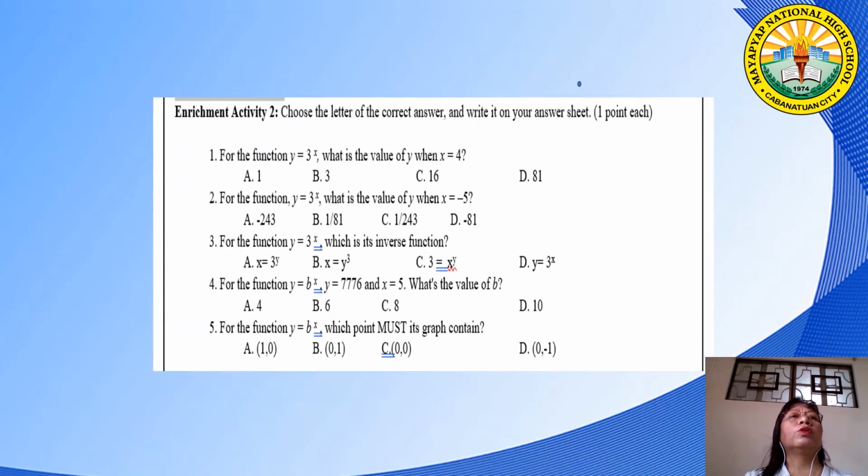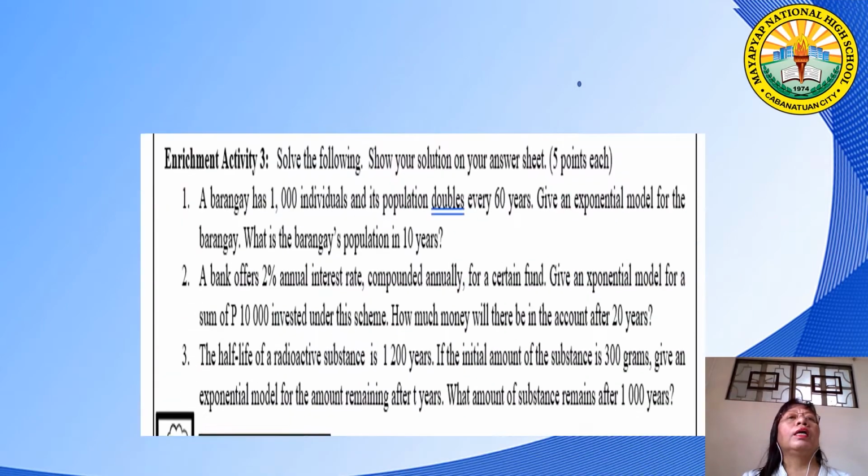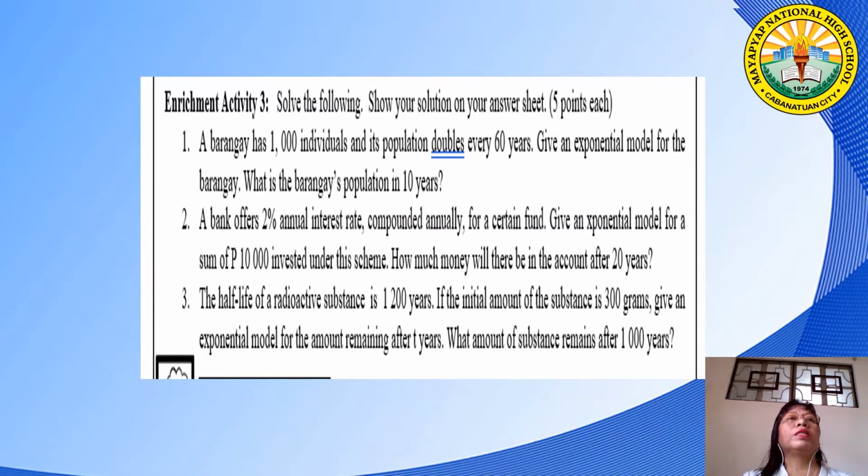Enrichment activity 2 is multiple choice. Choose the letter of the correct answer and write it on your answer sheet. Again, 1 point for each item. For enrichment activity 3, you solve the following problems. Show your solution and write your answer on your answer sheet.